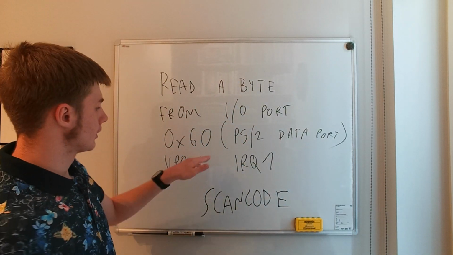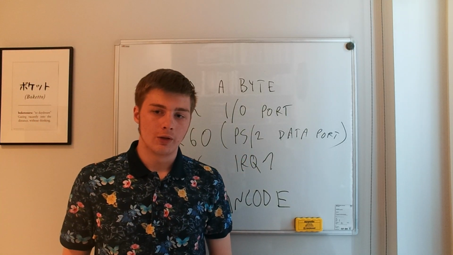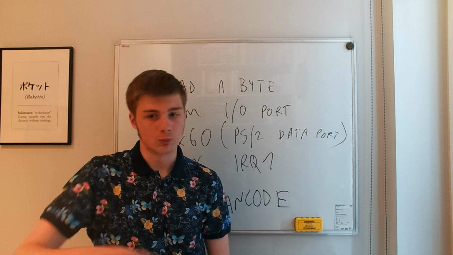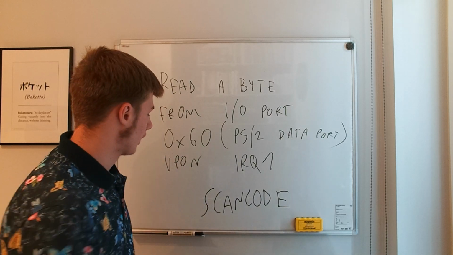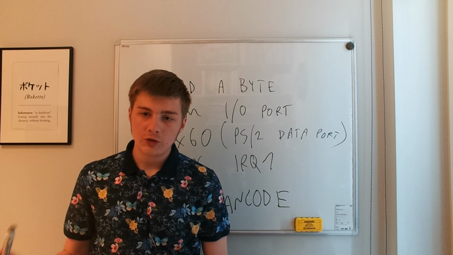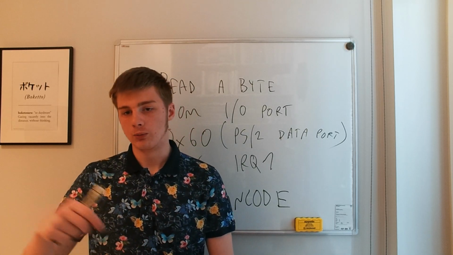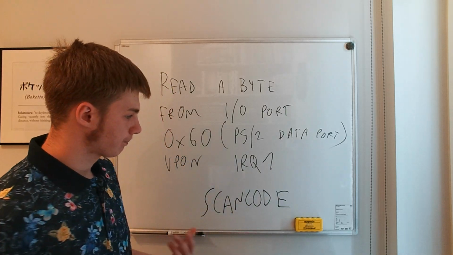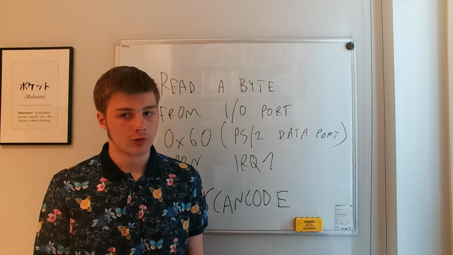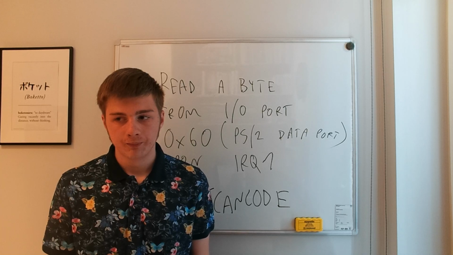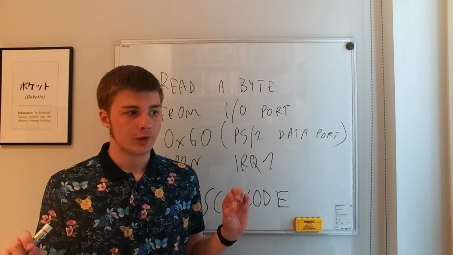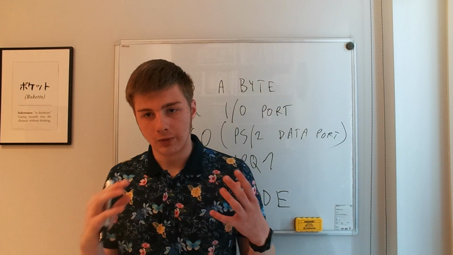Now, this interrupt will be fired whenever a given key is pressed or whenever a given key is released. The scan code will provide exact information on which key was pressed or released. So, generally, when you write a driver, you want it to be abstract, because if you make it do a very specific thing, then it's not really good for the scalability of your operating system.